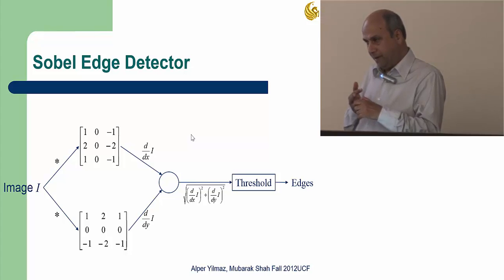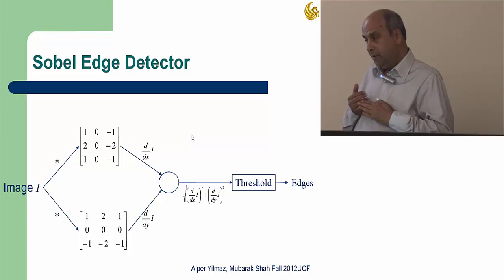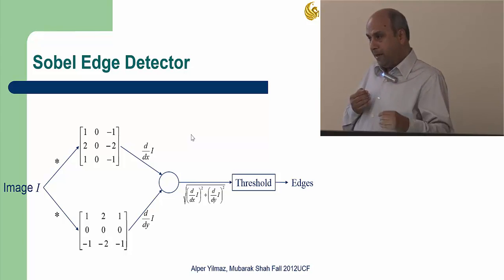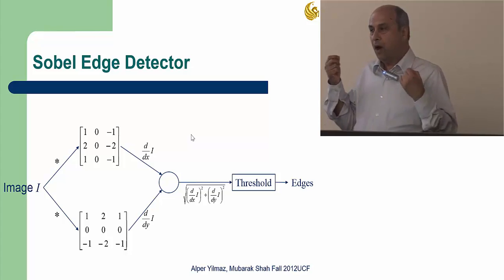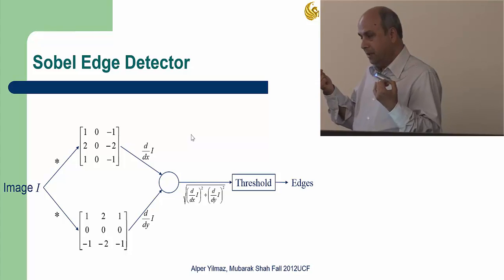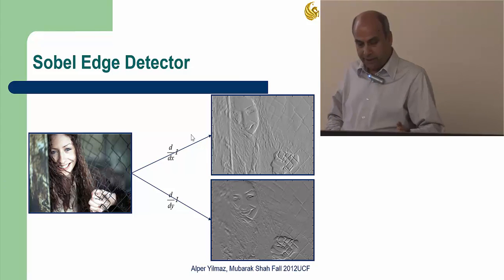It's called fx, fy, it's a vector. Now this vector, you can find the magnitude, you can find the direction. So right now in Sobel and Prewitt, we are going to use only the magnitude. It will tell you how much is the change, and then apply a threshold on that.